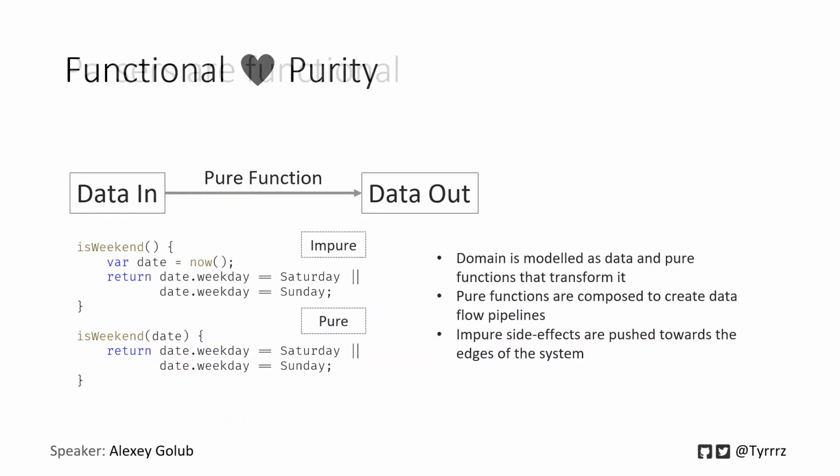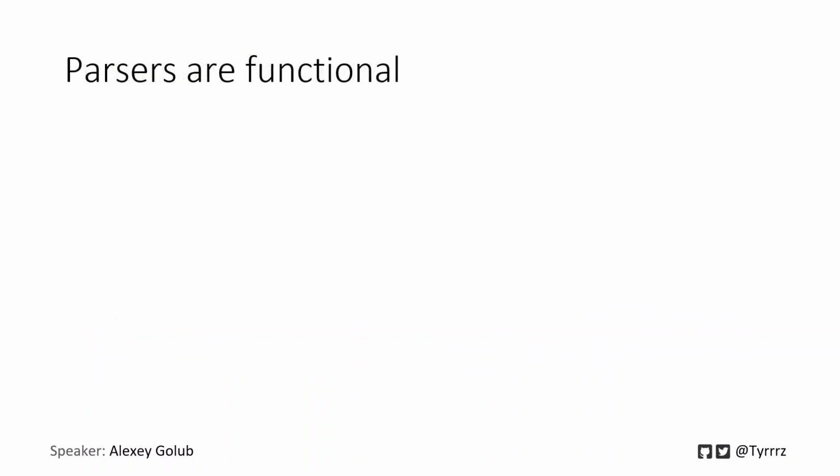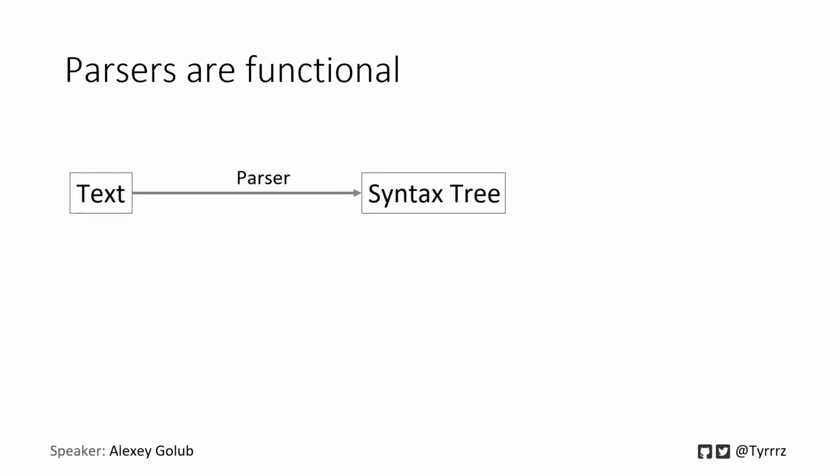And the cool thing about it, of course related to our topic, is that parsers are also functional. So a parser can be thought of as a pure function that takes some text as an input parameter and then transforms it into a higher-level structure, usually represented by a syntax tree. And since parsers are pure functions, we can also compose them as we would with pure functions.